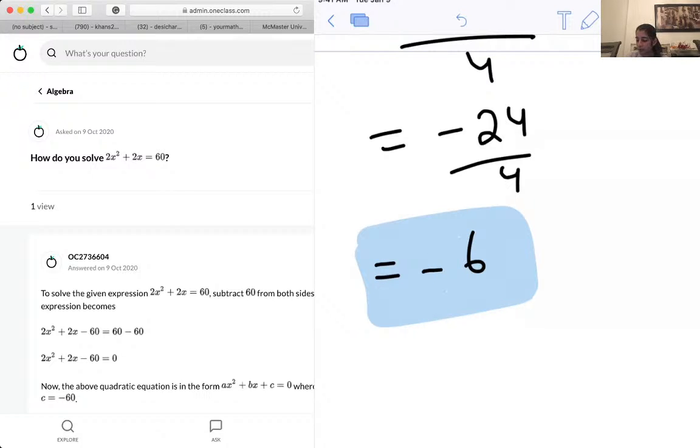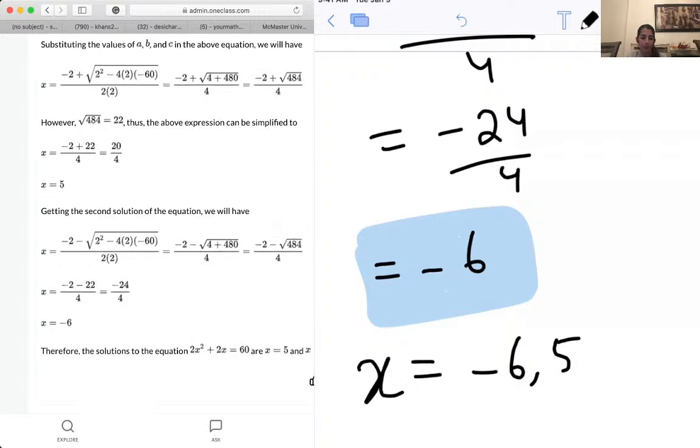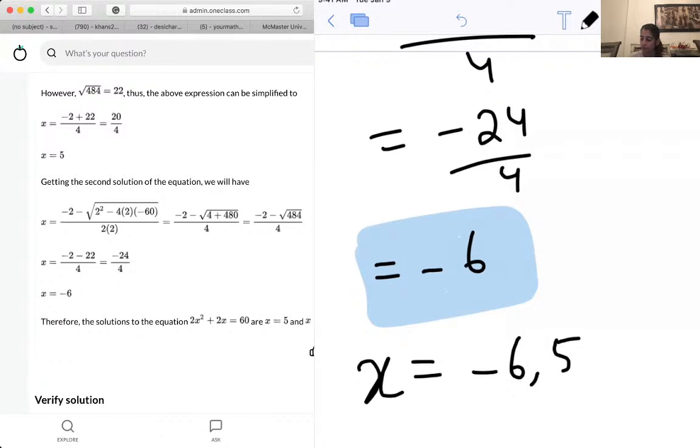So our 2 values for x are negative 6 and 5. And that is how you solve for it. And that will be our final answer.